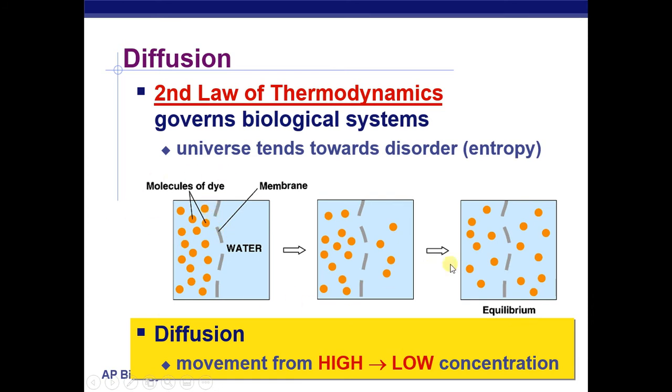So in this sequence of pictures, at the beginning, or at the picture farthest to the left, the dye molecules were highly concentrated on the left, and because there was an increased amount of random collisions between the dye molecules, they started to space out and move to the right side where they were less concentrated until eventually they reached an equilibrium point where just as many molecules of dye were involved in collisions that pushed them to this side as were molecules of dye in being collided with that pushed them to the other side. So the back and forth balanced out.